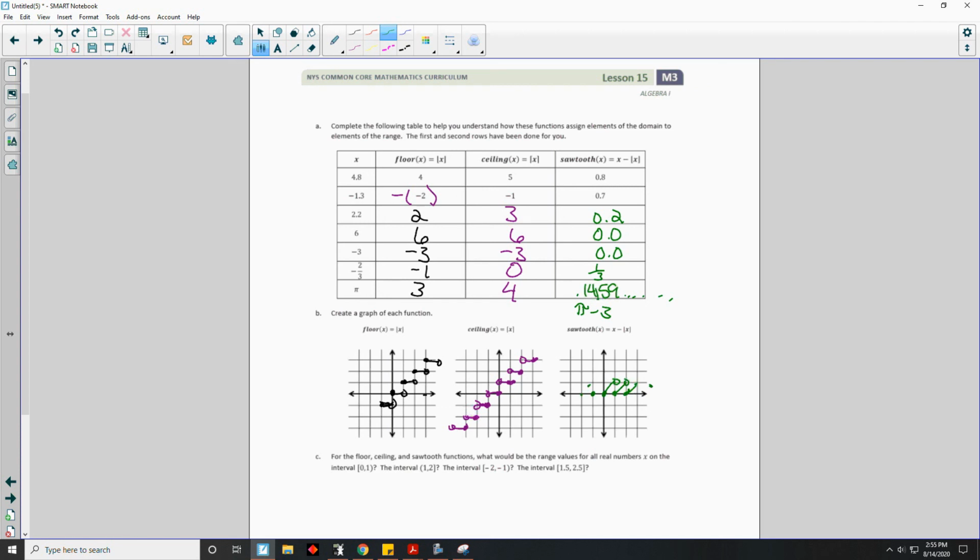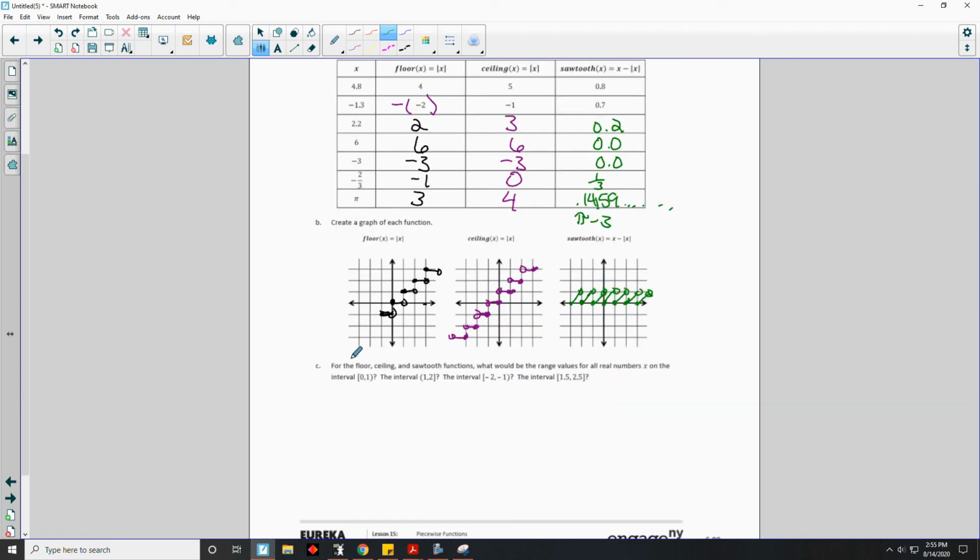So all these points start at 0, and we're just going up to 1, but not including it, like so. That one's a little harder to understand. So these all would go up, and those would be open like so at an angle. That is the sawtooth.